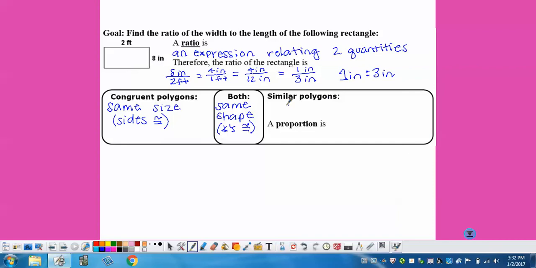In similar polygons, since they're different sizes, the sides won't be the same. The sides are proportional.